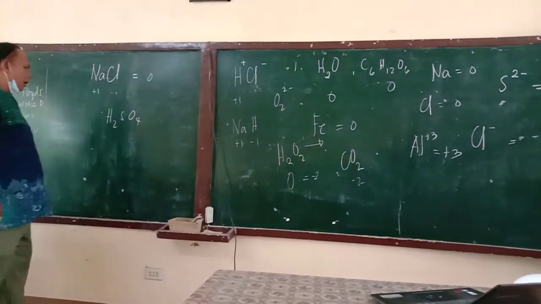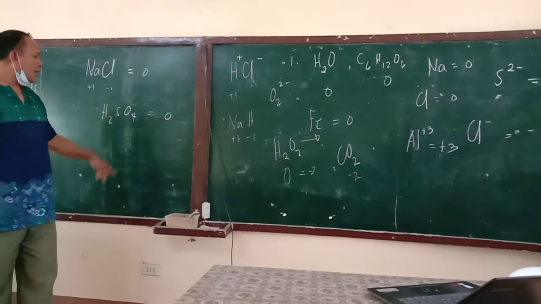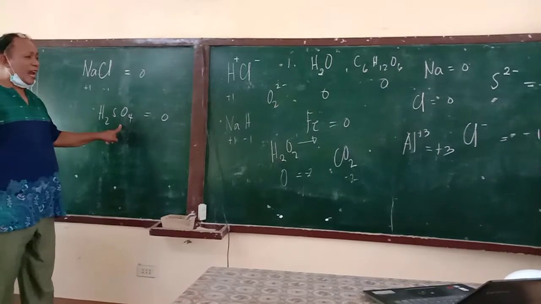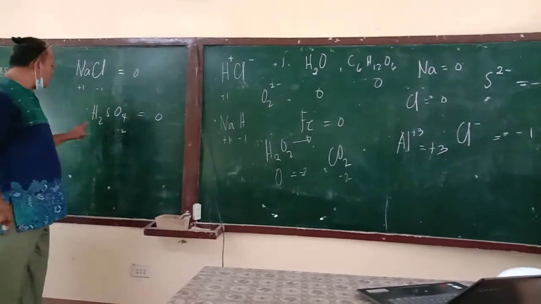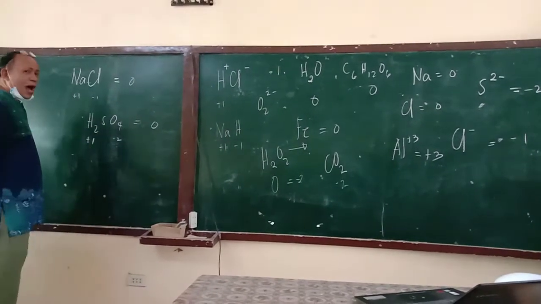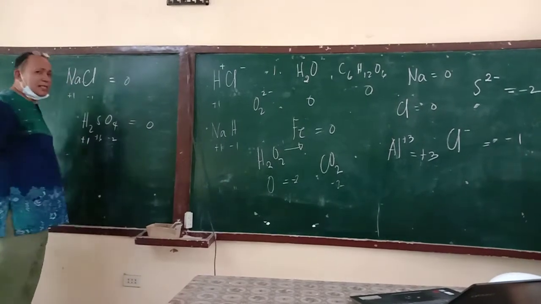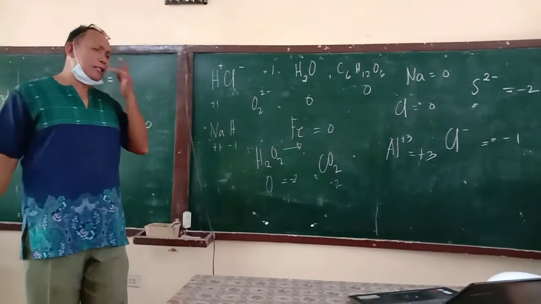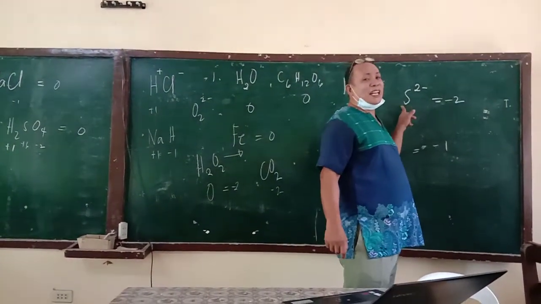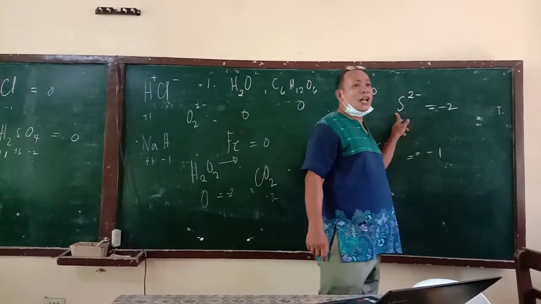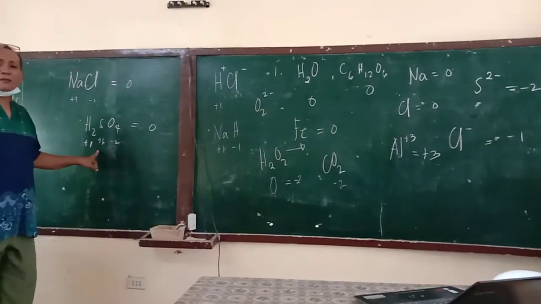Another example, H2SO4. Automatically the total oxidation number is 0. The oxygen is always -2, and the hydrogen is always +1. Now this sulfur, of course, that is +6. Sulfur can be -2 when it becomes an ion, but in the case of this one, sulfur is not always +6.